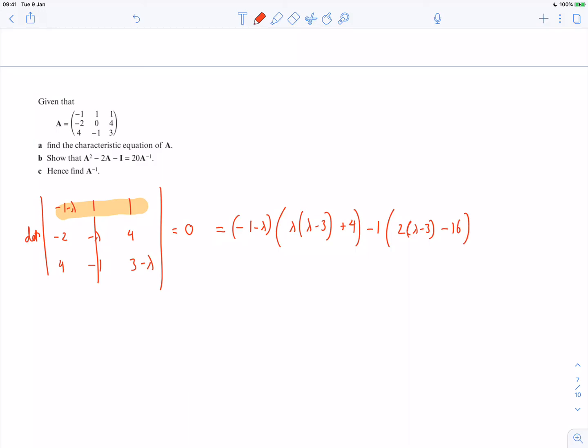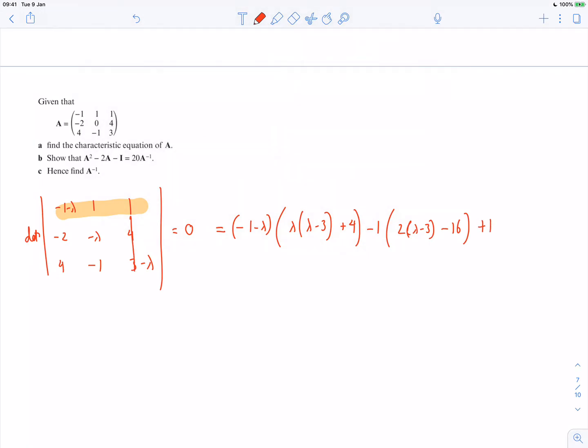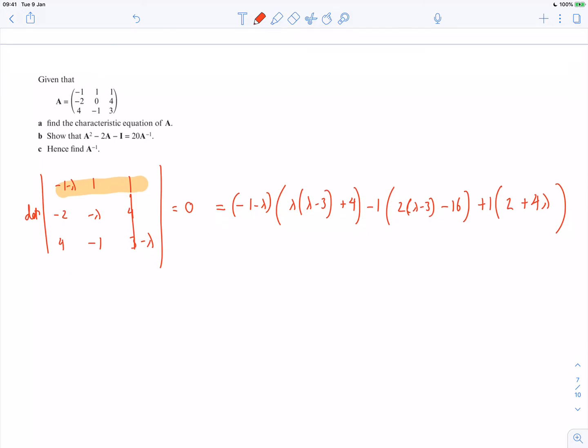And remember the checkerboard for the final one. I've got plus 1 lots of, and then minus 2 times minus 1 is positive 2, minus 4 times minus lambda, well that's minus 4 lambda, so 2 minus minus 4 lambda is just 2 plus 4 lambda. And apparently this all equals 0.